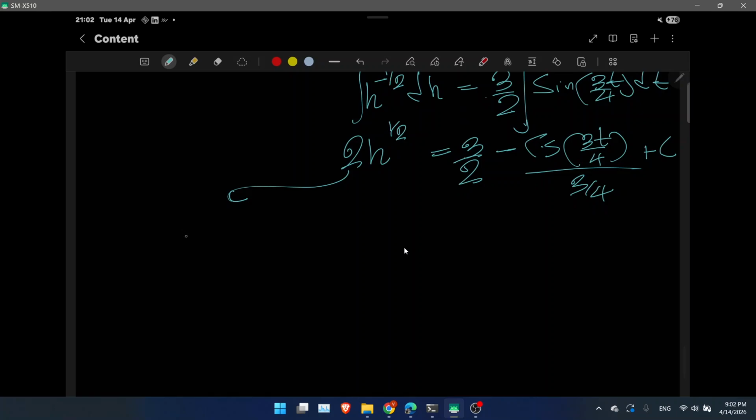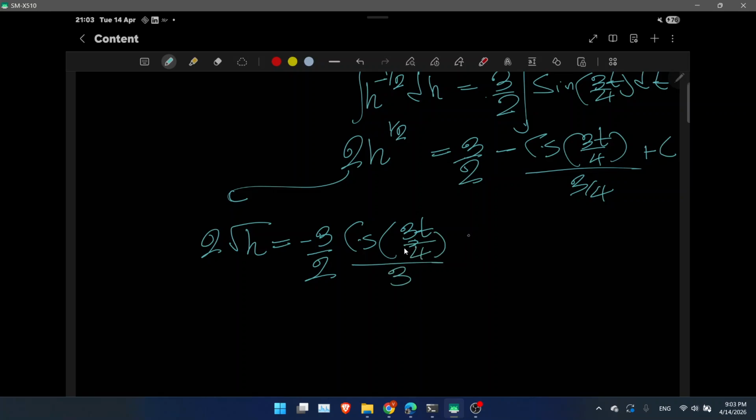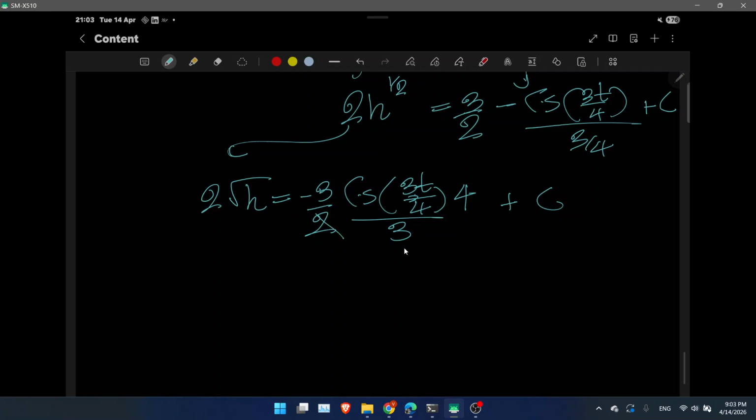So if we write this, it is 2 times square root of h equals minus 3 over 2 cos 3t over 4, over 3 over 4, which means 4 comes to the top. See, this 2 is cancelling out with this 2. After we fully solve this, it is like this, so you can divide the whole equation by 2 each.